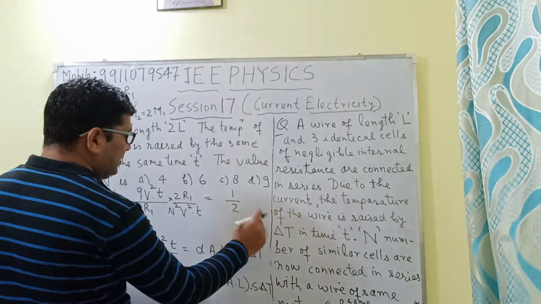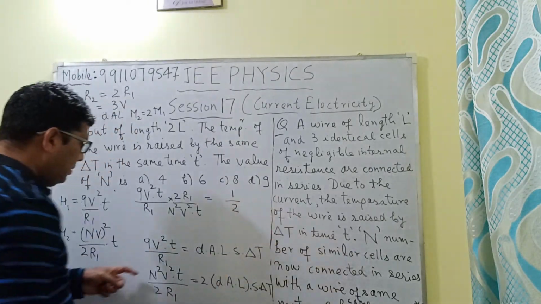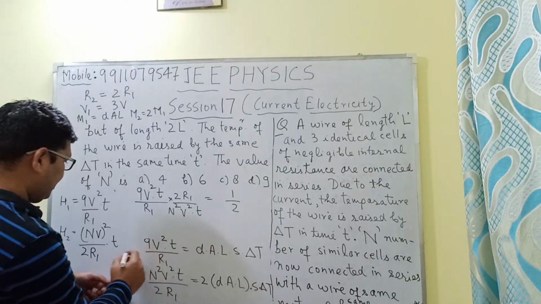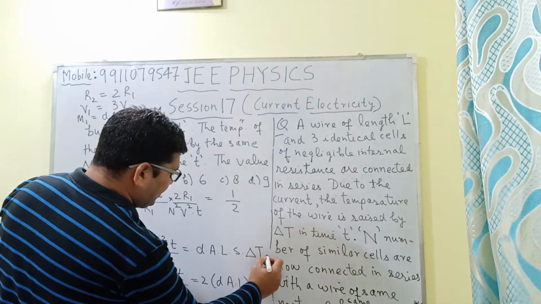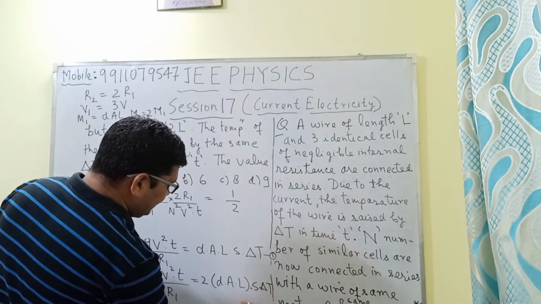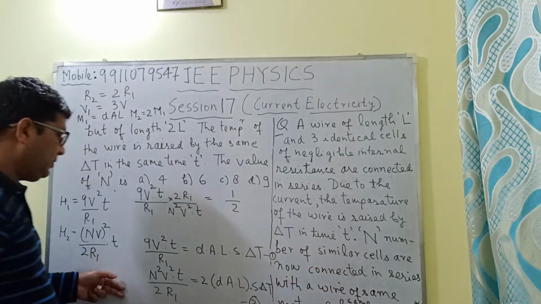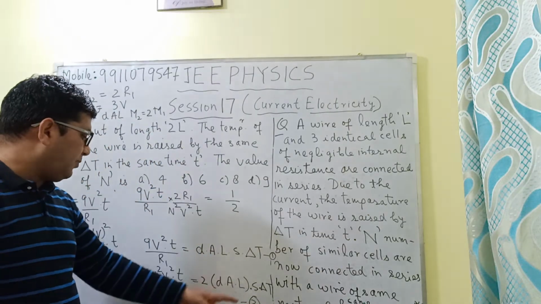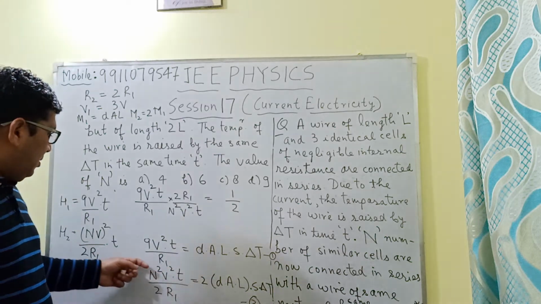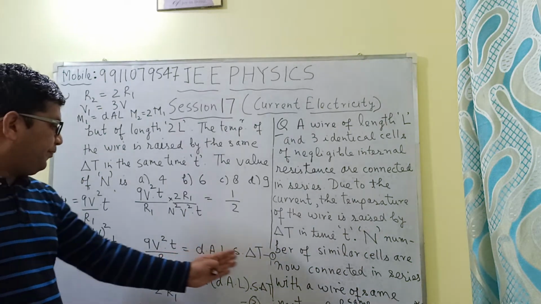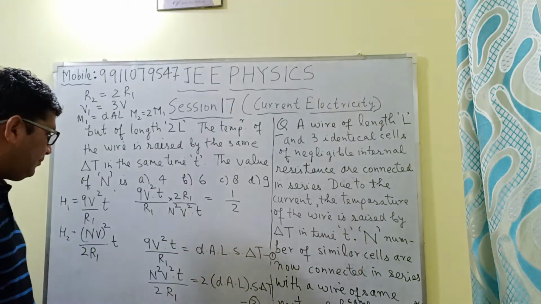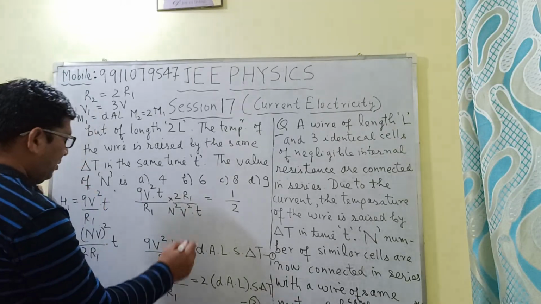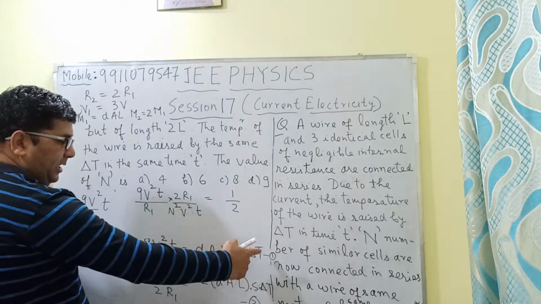Let's say this is equation number 1 and this is equation number 2. So what I have done is divided equation 1 by equation 2 on the left hand side and on the right hand side.